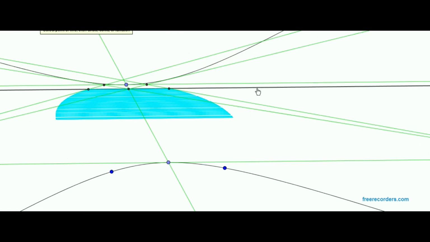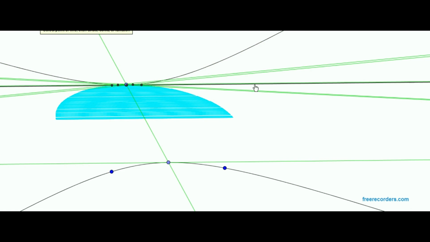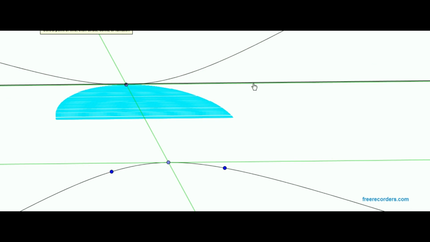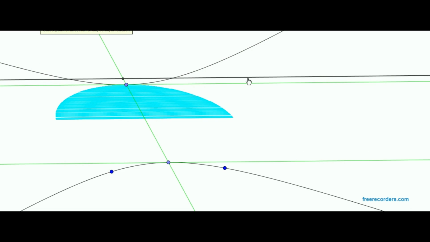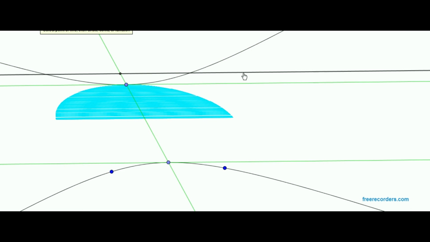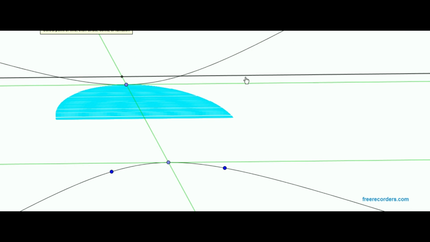And now again we can have a look what the imaginary components are of this entire family of parallel lines. So if we move around this line, we can have a look what these contact points are. Of course, once you go higher than this point, the line has real contact points with the hyperbola, so there's nothing there.